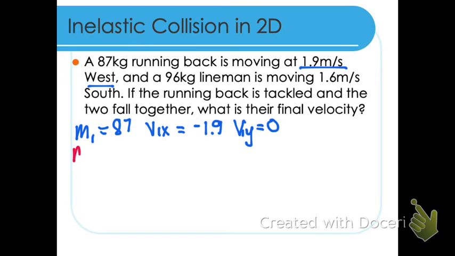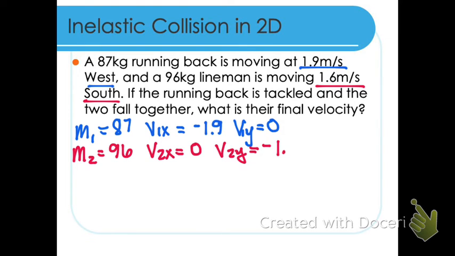Okay, second object has a mass of 96. v2x is what? Oh, wait, that's y. That's okay. v2y is negative 1.6. And then we're going to solve for what is our combined velocity, so vx prime and vy prime.